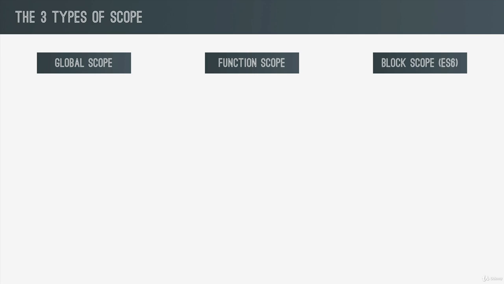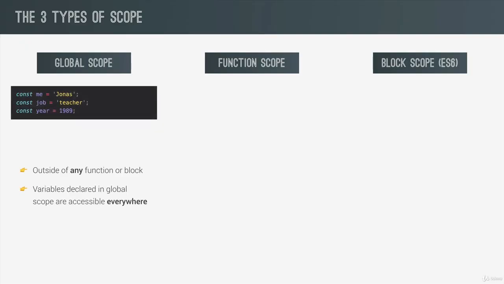Because in the end, functions are just values that are stored in variables. So first, the global scope is, once more, for top-level code. So this is for variables that are declared outside of any function or block. These variables will be accessible everywhere in our program, in all functions and all blocks.